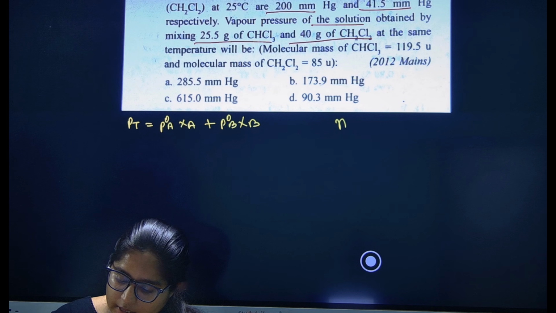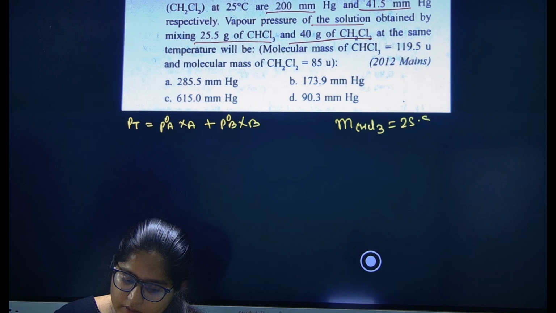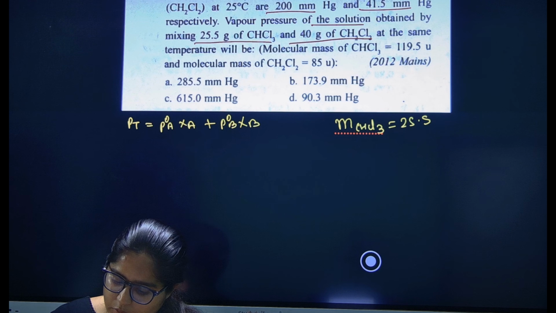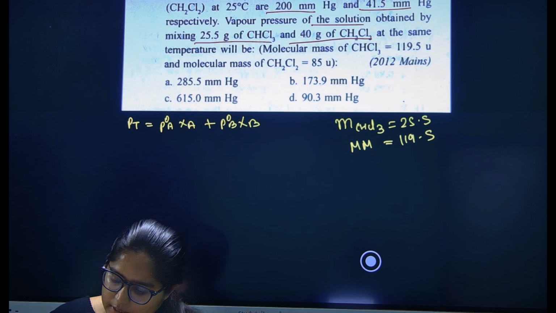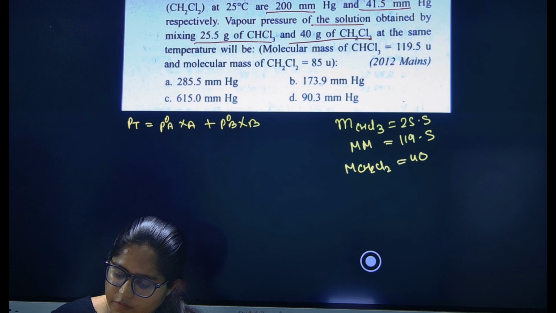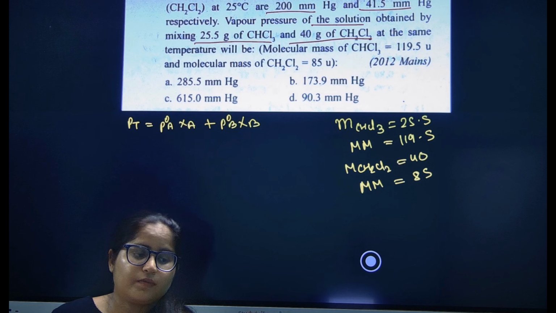So the mass of CHCl3 given is 25.5, and the molar mass of CHCl3 is also given in the question as 119.5. Next, the mass of CH2Cl2 is 40 gram, and its molar mass is given as 85.